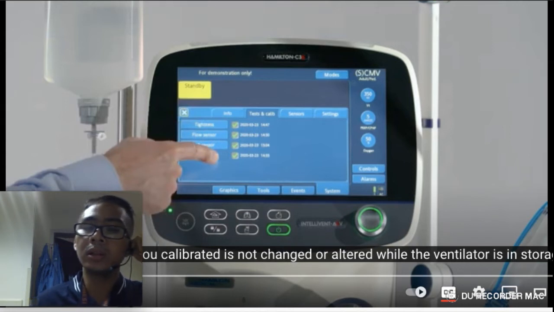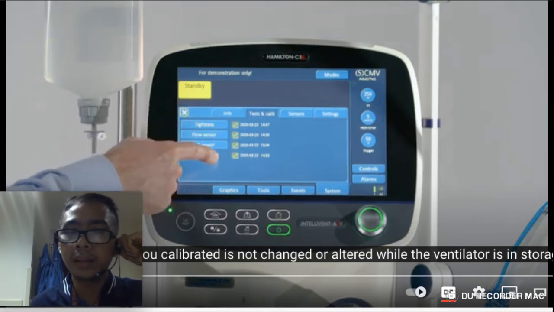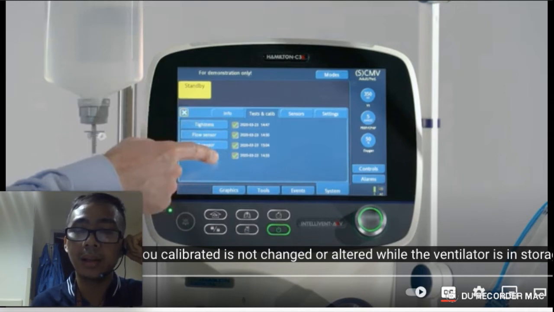So double check always kasi pag you hook to another patient, so each patient has different lung condition, different tidal volumes, different parameters. So be careful to double check the ventilator for next patient hooking na different ang parameters kasi the last parameter stored in your ventilator is based also always on the last patient na nakahook.